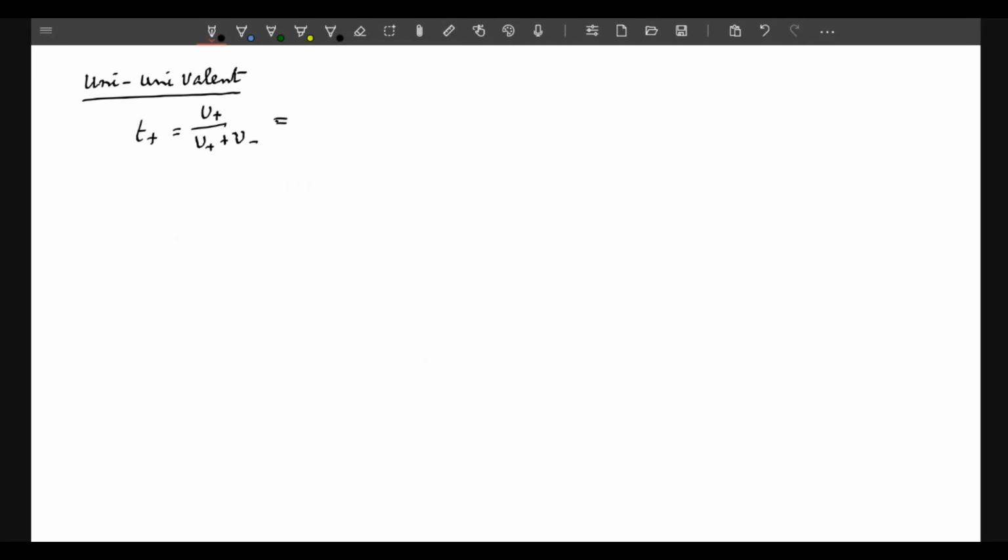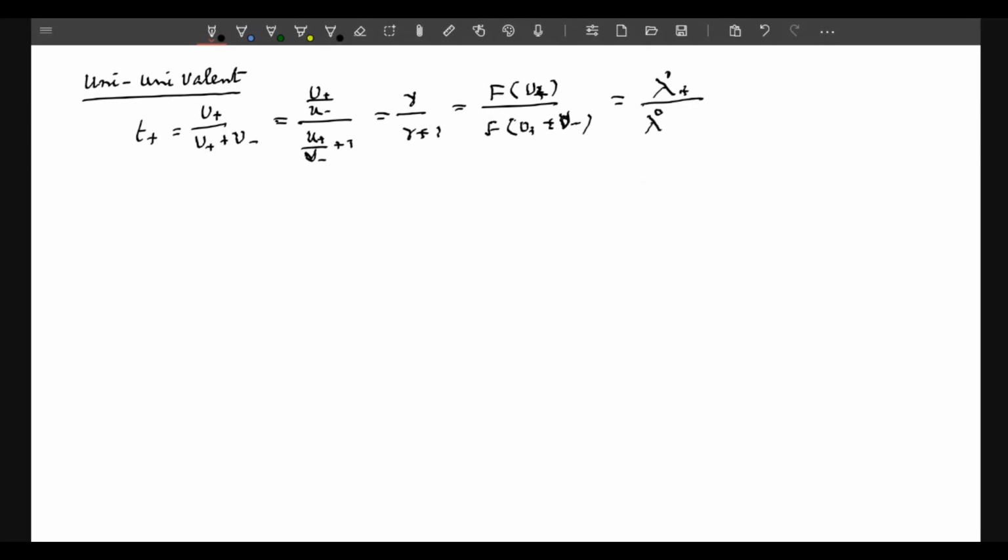This is a 1, or it can be u plus by u minus by u plus by u minus plus 1. u plus by u minus is equal to r by r plus 1, equal to F into u plus by F into u plus plus u minus, equal to the equivalent conductance of the cation by the equivalent conductance of the cation plus the equivalent conductance of the anion, equal to the equivalent conductance of the cation by the equivalent conductance of the electrolyte.